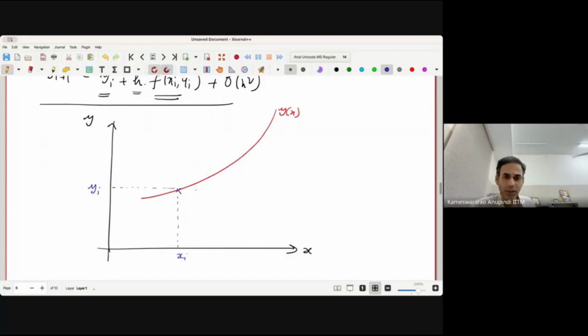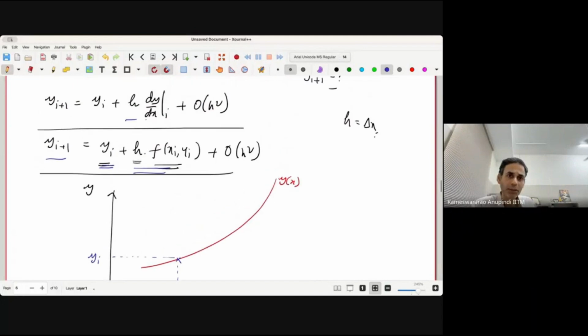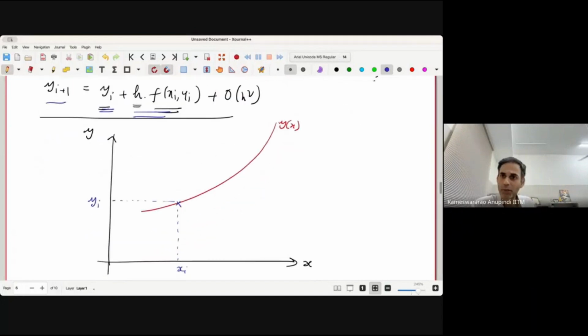That's why this is an initial value problem. We add yi plus h times f of xi, yi, which is h times the slope of the function. That means we are drawing a local tangent here. A local tangent would go something like that.